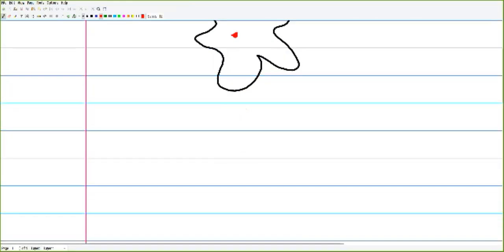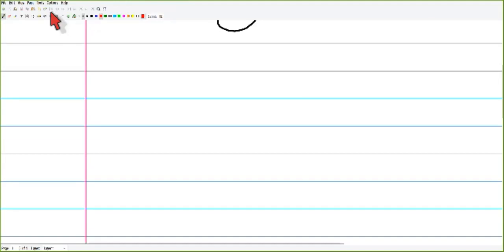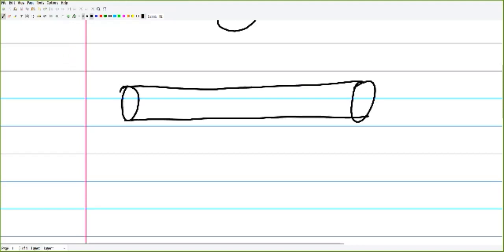So we can see that when we have a rod, let's say it's 10 pounds.